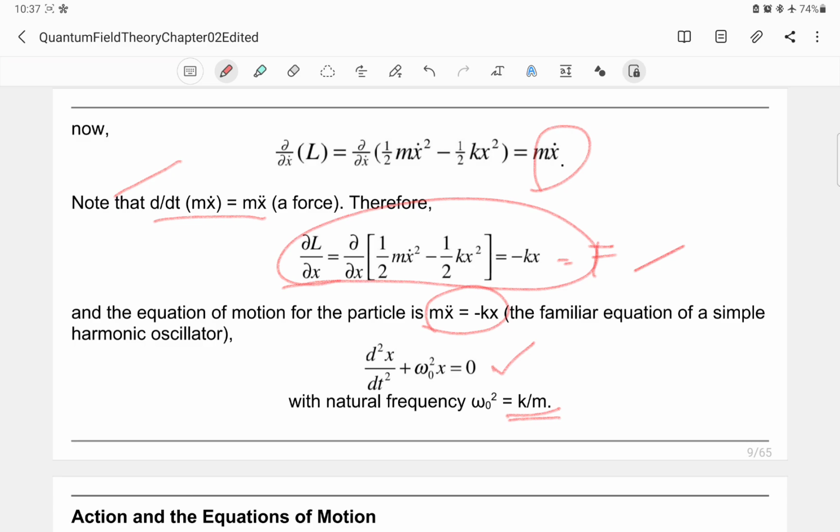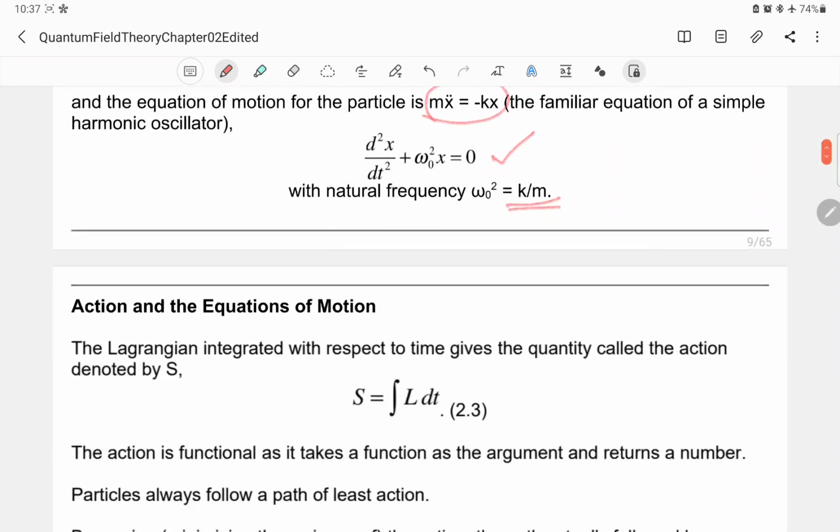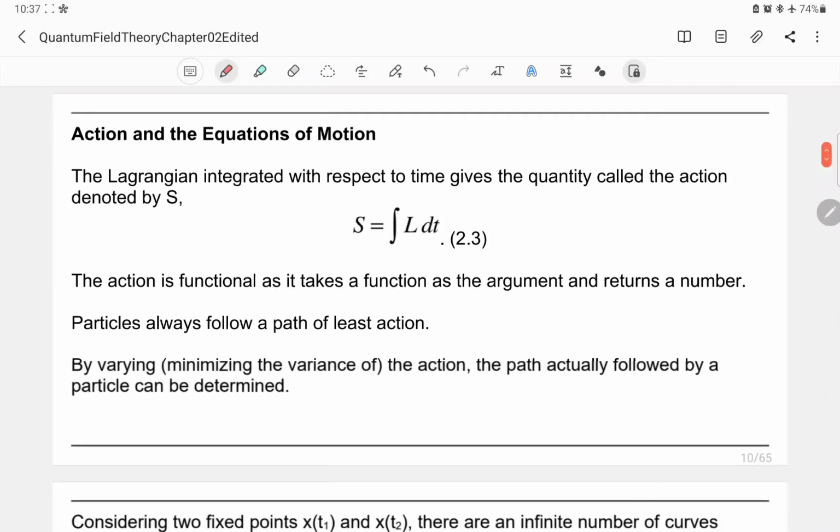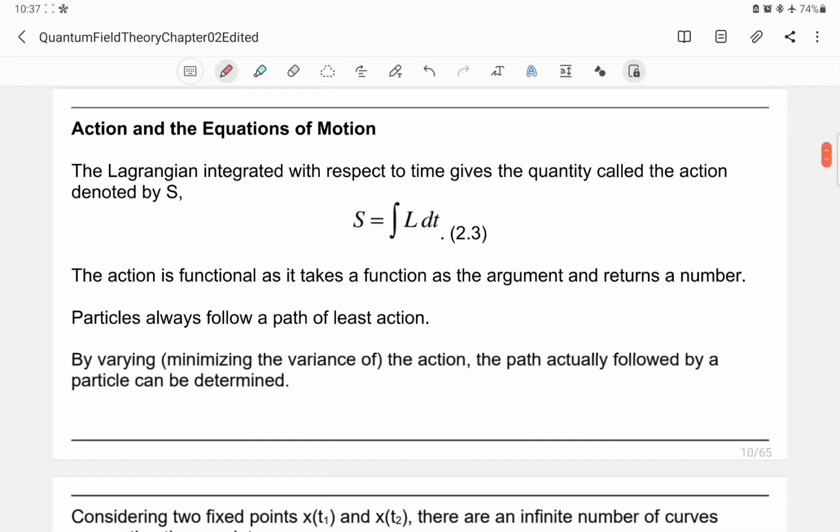So an important quantity that we deal with in particle physics is the action, and it's denoted by S, and the definition of action is just the integral of the Lagrangian in classical mechanics.